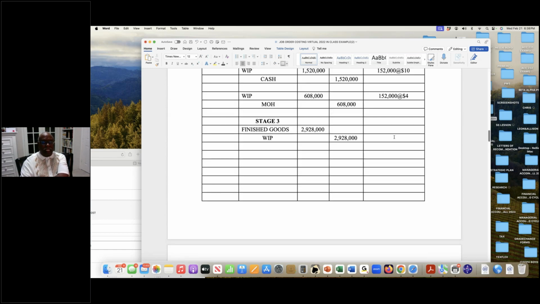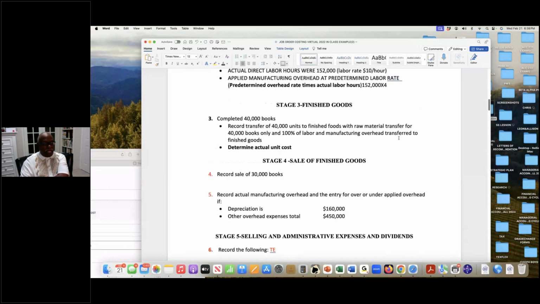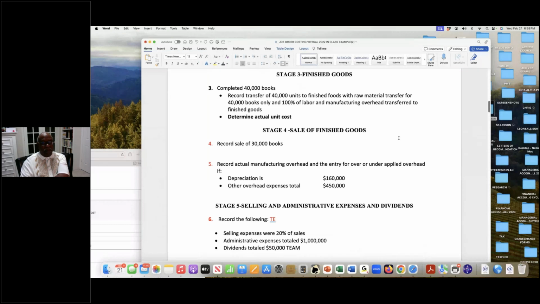Now, when we get to stage 4, it says we sold 30,000 books.